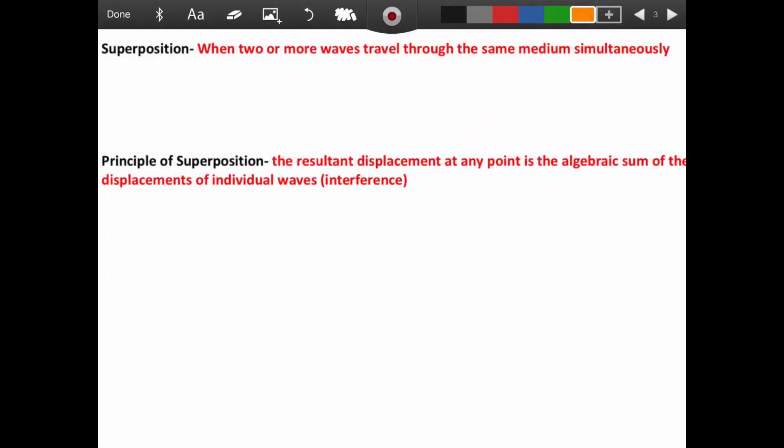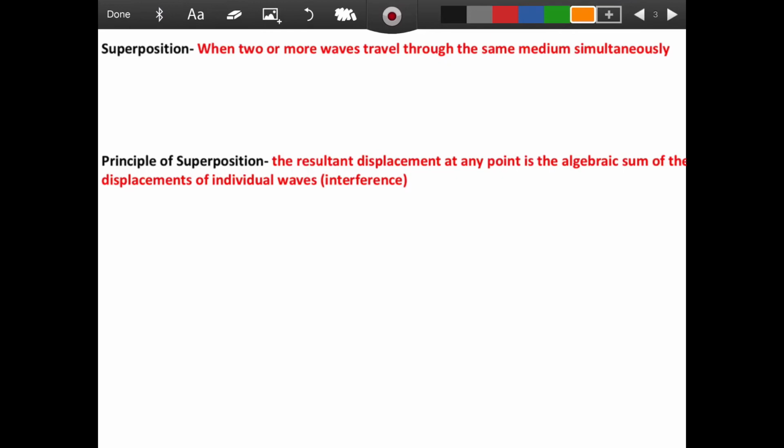So they actually use the Doppler effect to investigate that. Okay, our next wave phenomena that we're going to investigate is interference. And before we get into that, we're going to define superposition. Often you'll hear the word superpose, but superposition can be defined as when two or more waves travel through the same medium simultaneously.